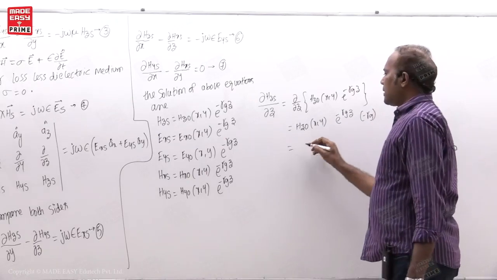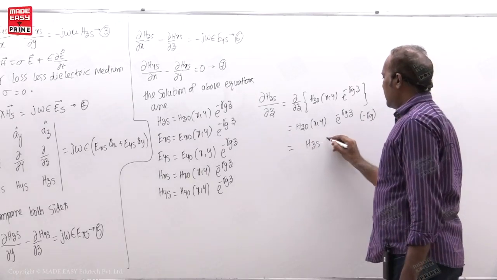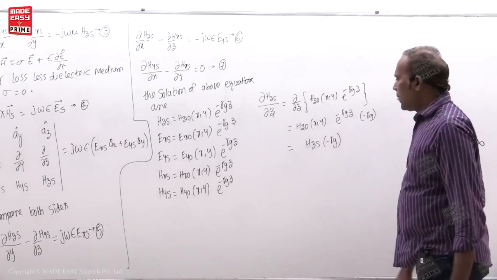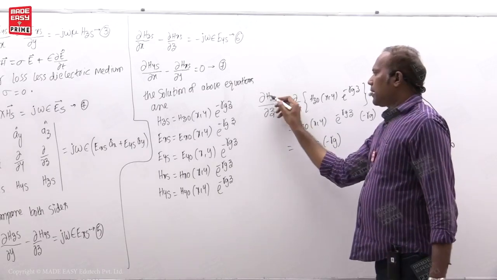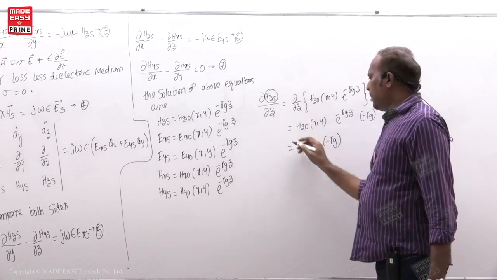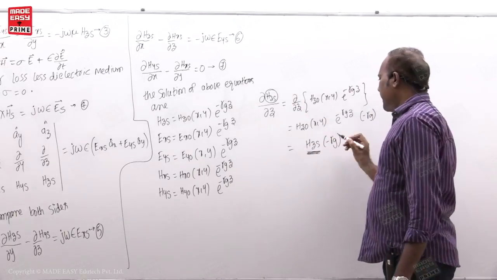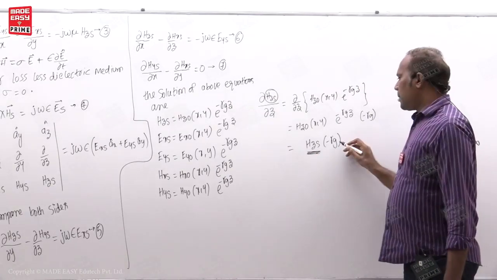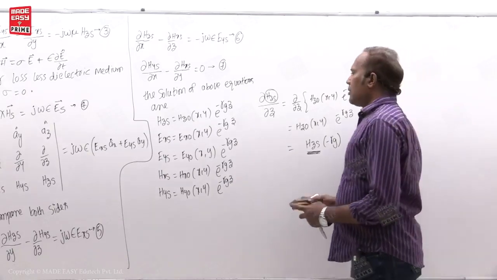So that is nothing but Hzs into minus gamma g. After you differentiate with respect to z, you get the same thing here, but for every differentiation minus gamma g comes. For two differentiations, minus gamma g into minus gamma g, that is gamma g square, you get. Like that it is.